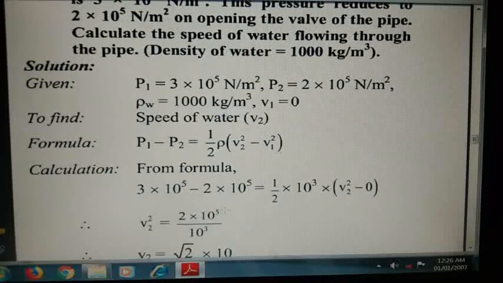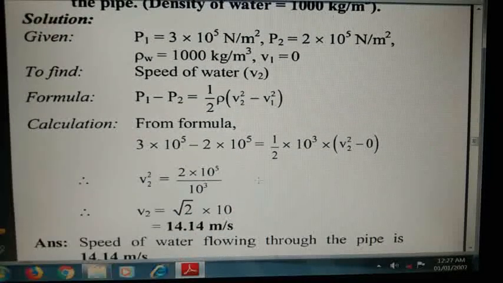When we substitute the value, we get 3 into 10 to the power 5 minus 2 into 10 to the power 5 is equal to half into 10 to the power 3 V2 square minus 0. So we have to calculate here V2 square. So V2 square is equal to 2 into 10 to the power 5 divided by 10 to the power 3.